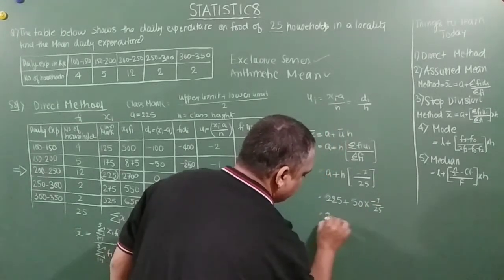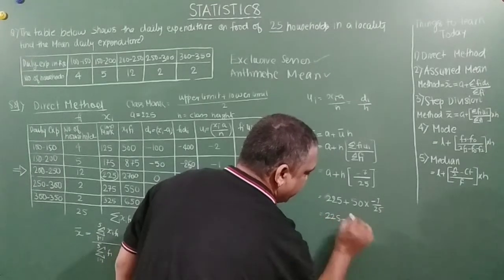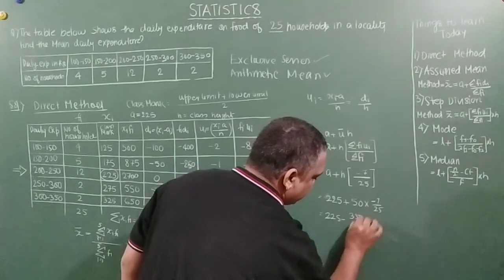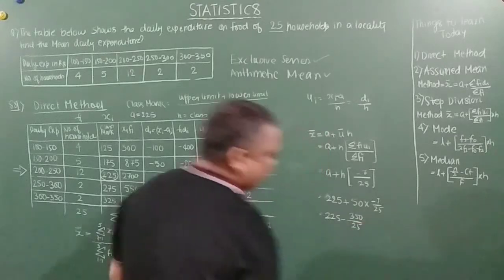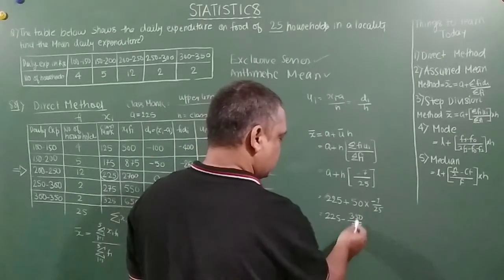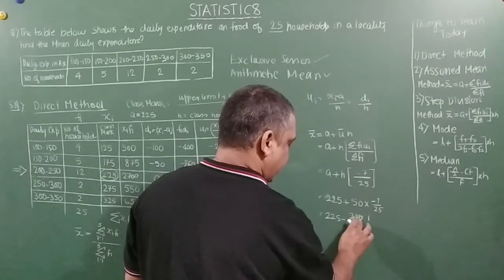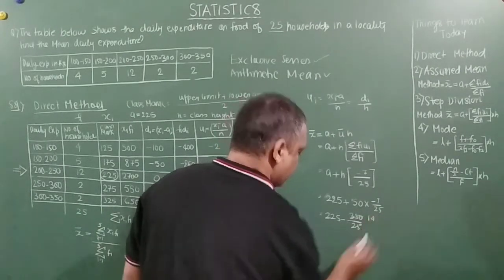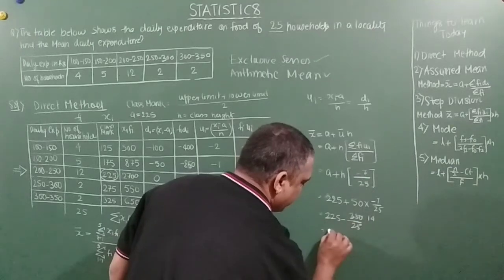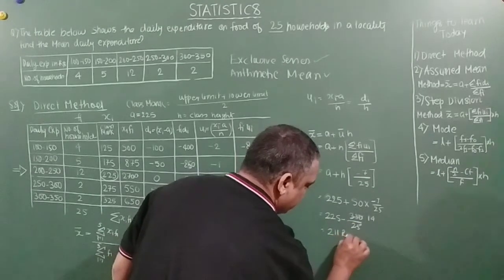So this we can write 225 minus 350 by 25. Right? So this is equal to 1 time 10, 100. So 4. So this is equal to 225 minus 4, that is 211 rupees.